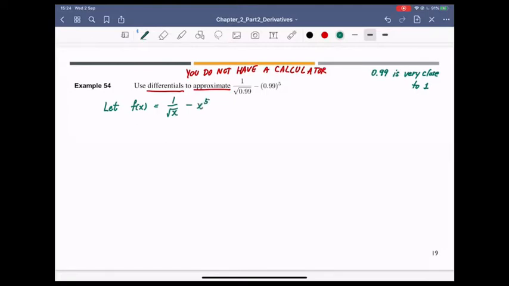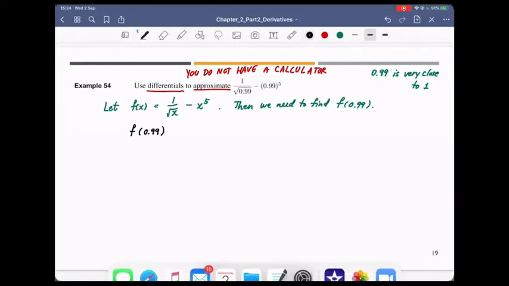Why do I need to define a function like this? Because then we need to find f of 0.99. This is what we want.